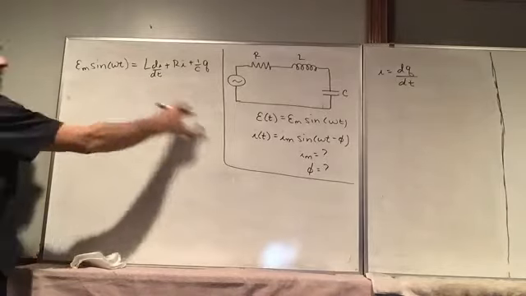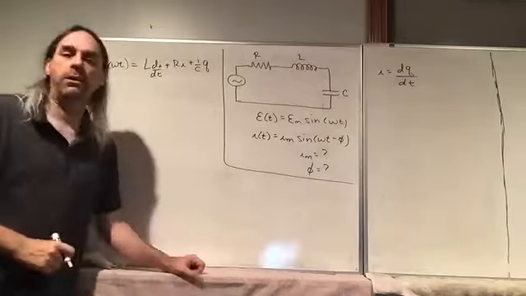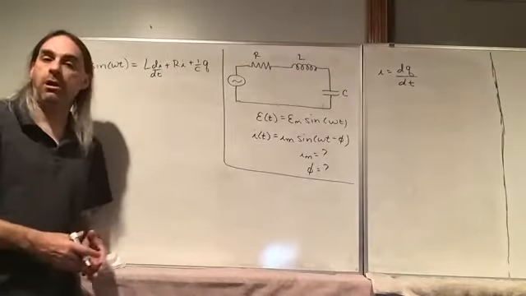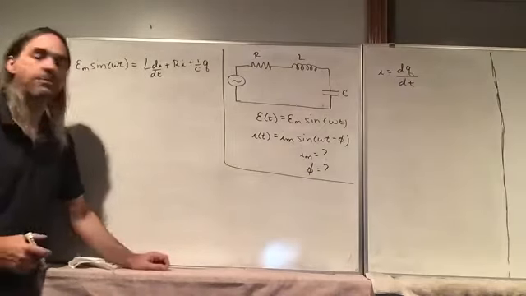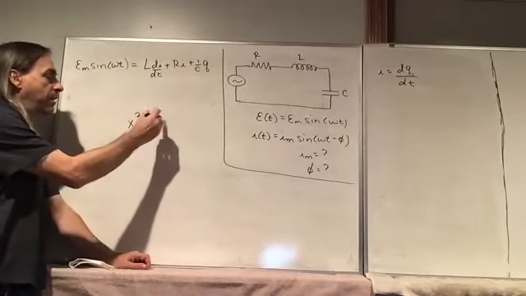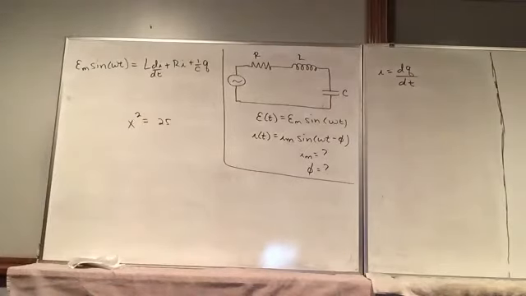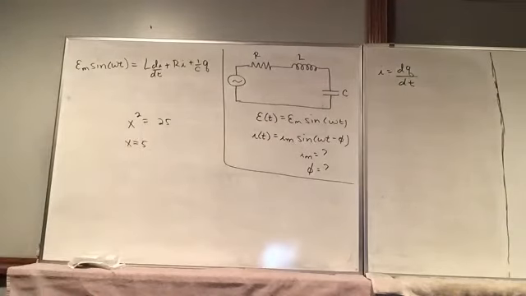Because it's a differential equation, a completely valid way to solve a differential equation is to just guess the result and then check it. And that's in general a completely valid way to solve equations. Say you have the equation x squared equals 25. If you guess that x equals 5 is a solution, you can plug in and see that it works.